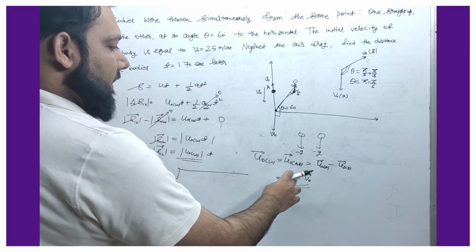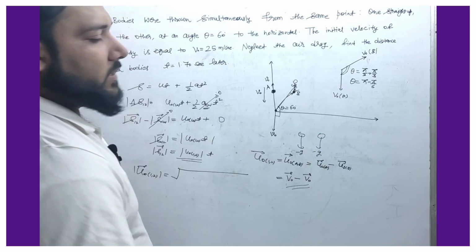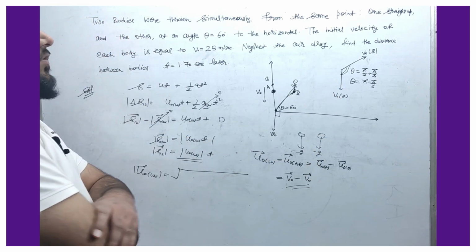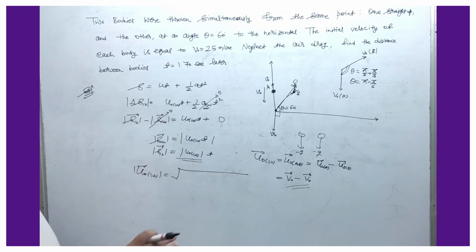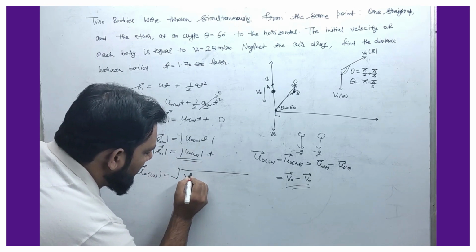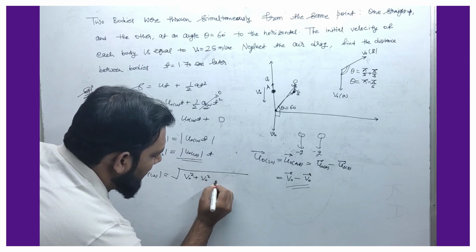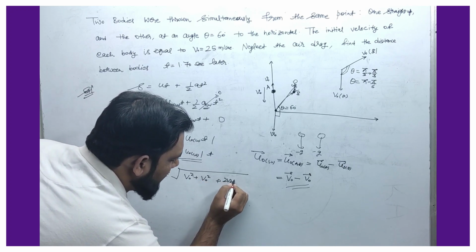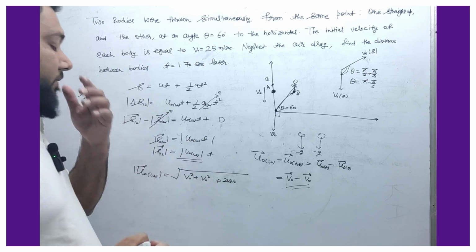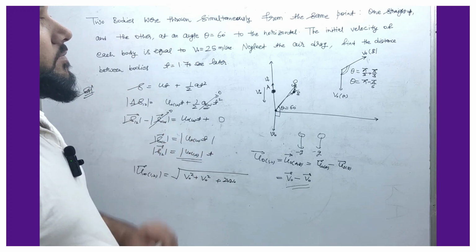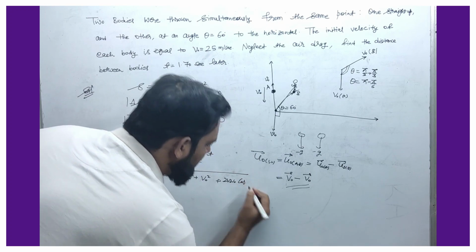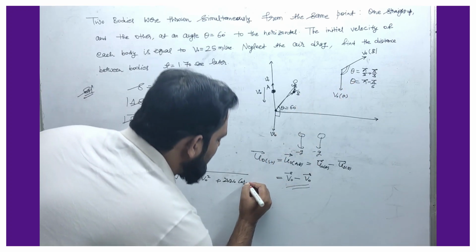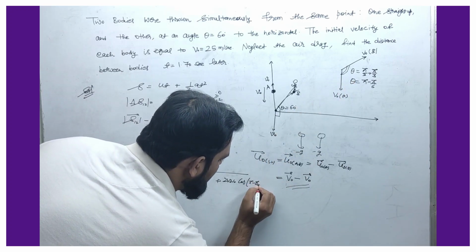We converted the direction of A, so now we directly use addition. That will be v naught square plus v naught square plus 2 v naught square, because their magnitude is the same, times cos of the angle between these two vectors, and the angle is pi minus pi by 6.